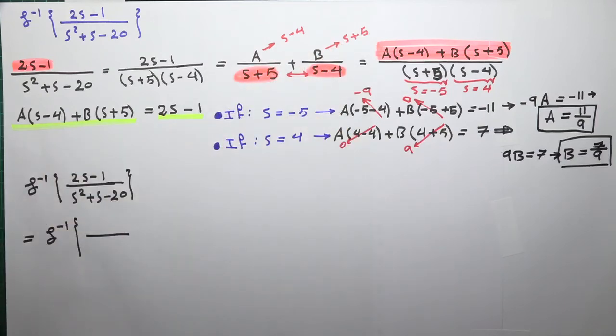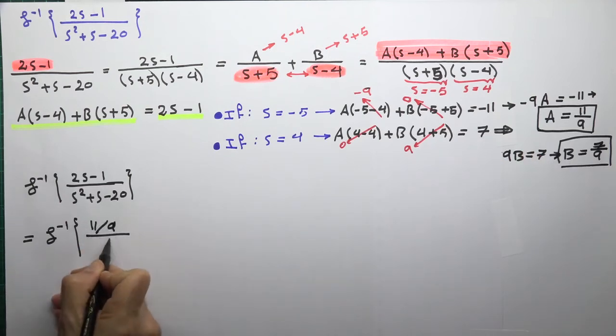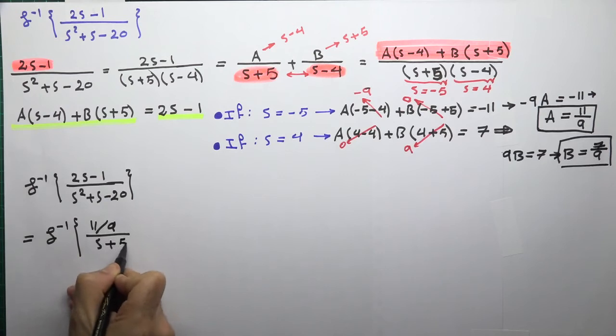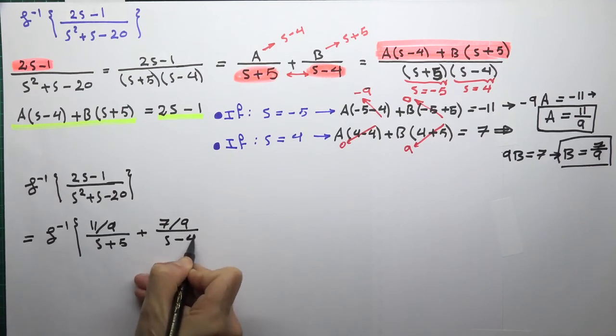It's not optional. A 11 over 9 over s plus 5 أكيد ما بنقدر نغير. B 7 over 9 over s minus 4 أكيد.